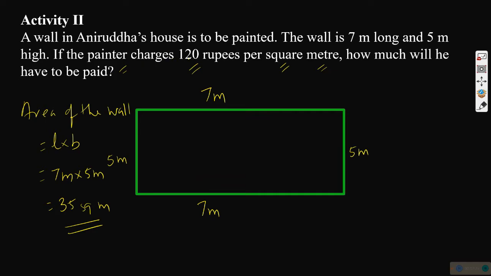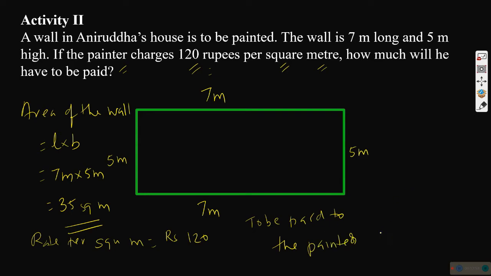Per square meter, the charge is 120 rupees. So how much will have to be paid? The rate per square meter is equal to rupees 120. So how much to be paid to the painter, that is what is asked.